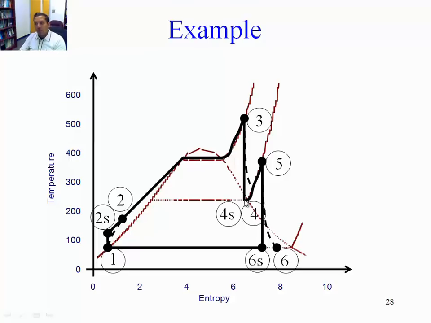From 3 to 4, isentropically it goes to 4S, but in reality it goes to 4, which is right here. There's a slight increase in entropy. Then it's superheated again in the boiler to 5, and then it's expanded adiabatically to 6, isentropically to 6S, adiabatically to 6. And that concludes the cycle. The cycle is closed in the condenser, where saturated liquid is created by rejecting heat.